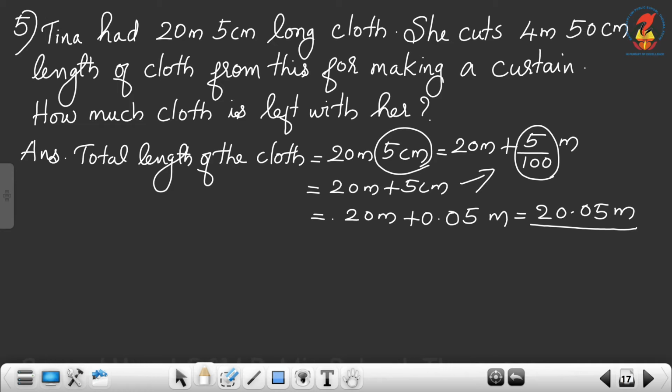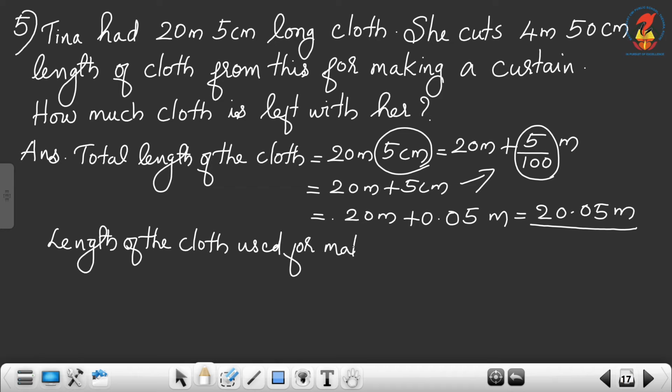Now what is the length of the cloth used for making a curtain? 4 meter 50 centimeter. So the length of the cloth used for making a curtain is 4 meter 50 centimeter.